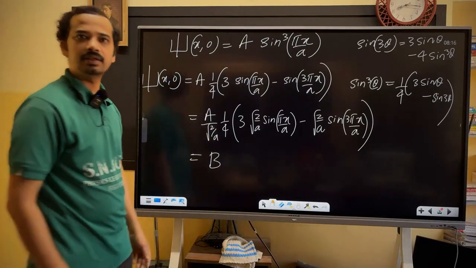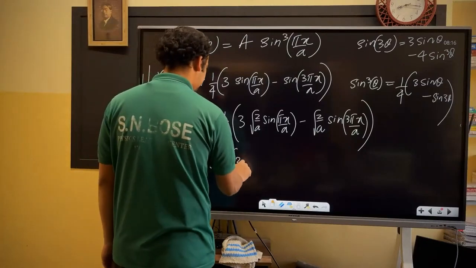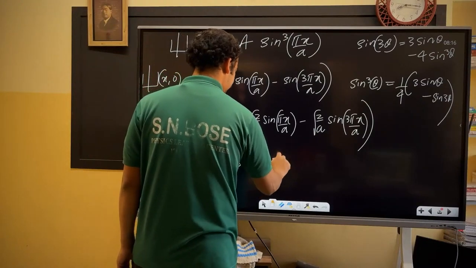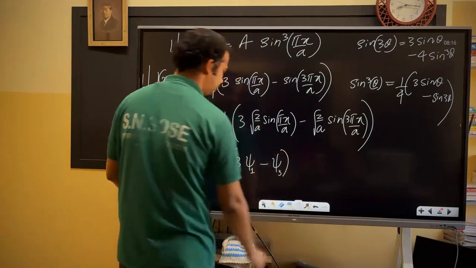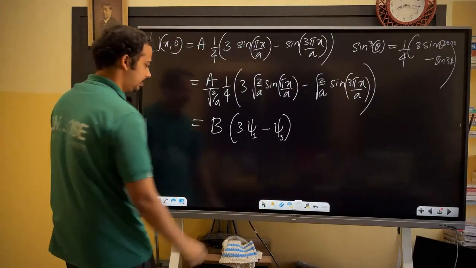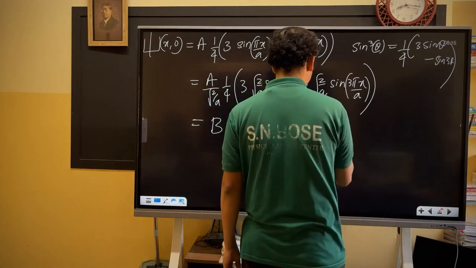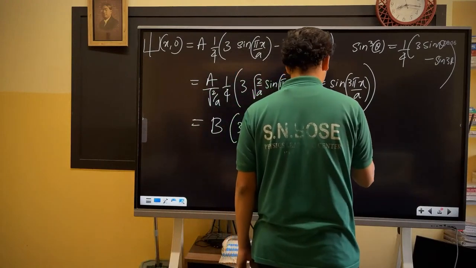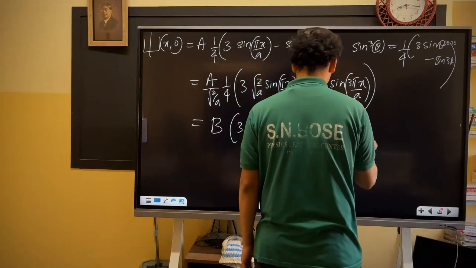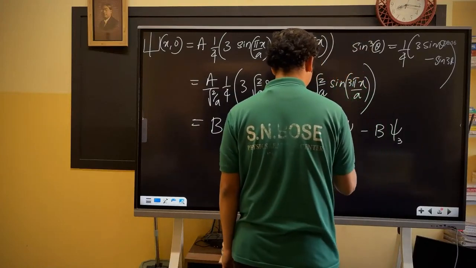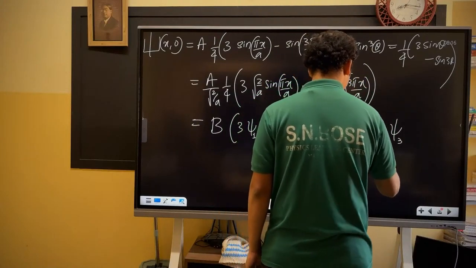I'll find b later by normalization. So this is 3 psi 1 minus psi 3, which I write as 3b into psi 1 minus b into psi 3, like c1 psi 1 plus c3 psi 3.